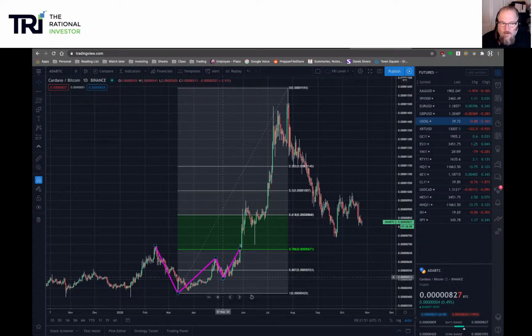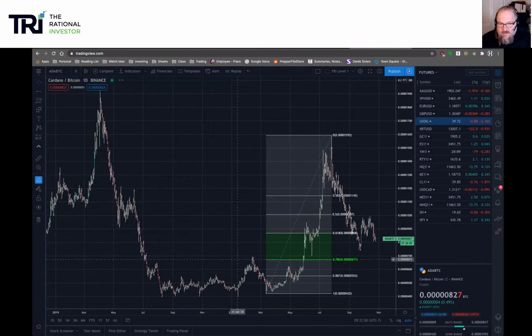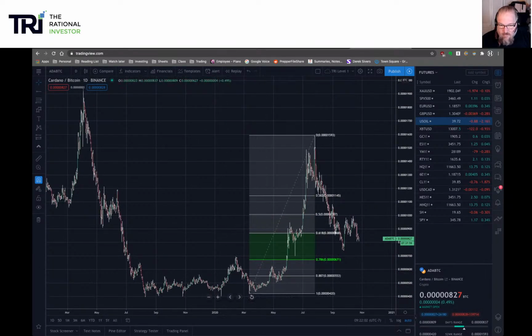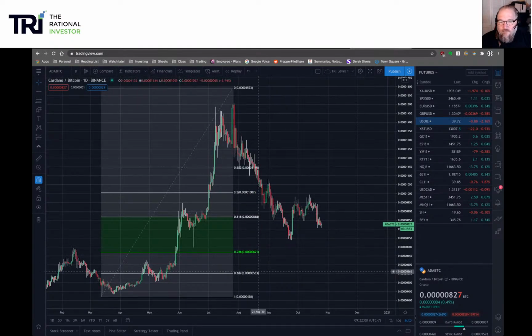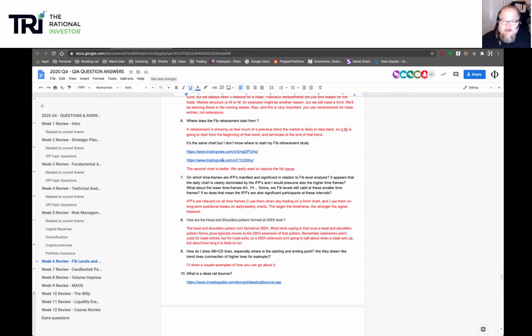So a larger W here encompasses more of the complete range. And so what I would have used is this larger range. Okay. This is basically what I said in here. I said the second chart is better. We really want to capture the full move. Okay.